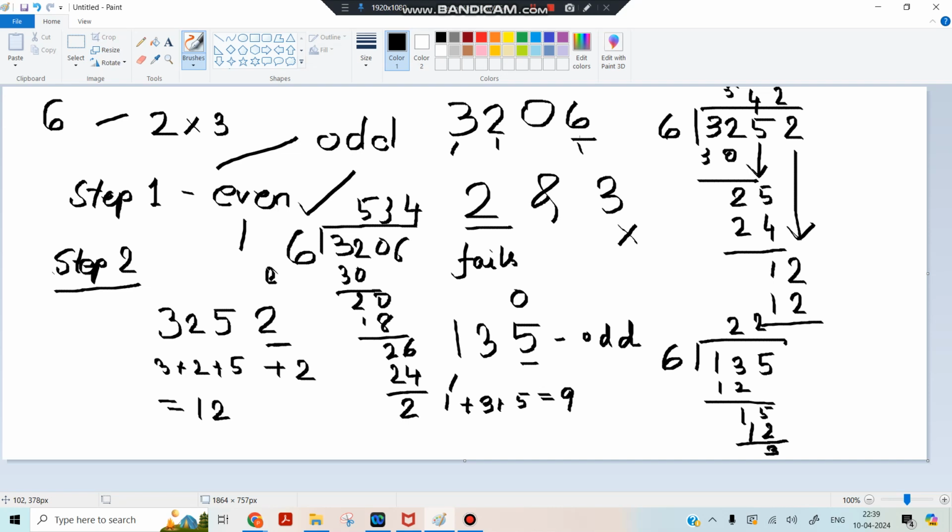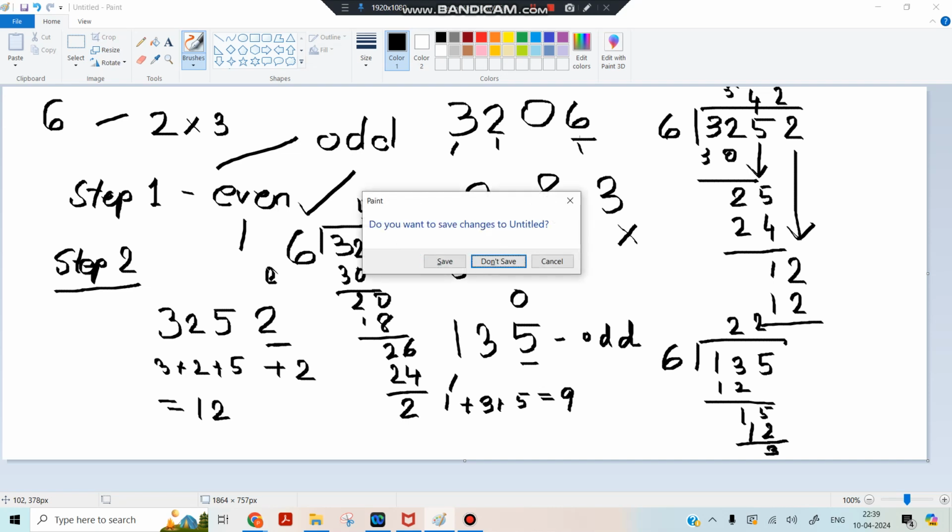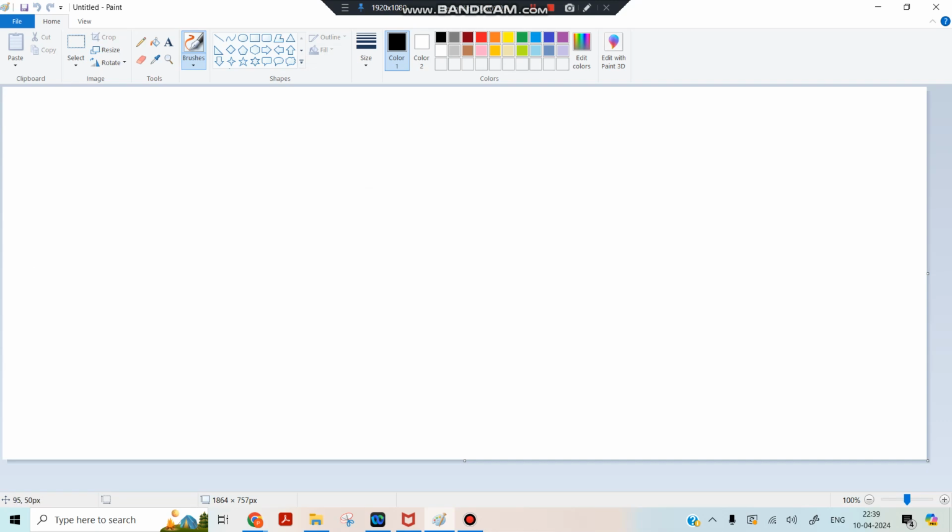Now let's check the divisibility test of 7. Now the divisibility test of 7 has a few steps. In the first step, you have to remove the last digit, the digit in the ones house. Let's understand it with an example. Say 1073.